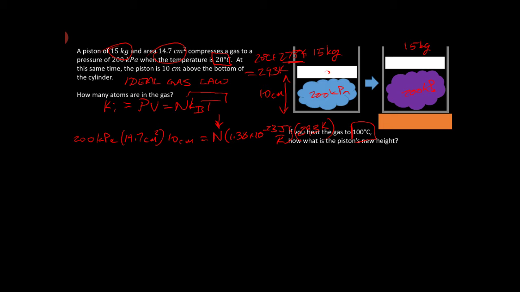All right, so here we have 2 times 10 to the 5th pascals, which are newtons per square meter. And then we have 14.7 times 10 to the minus 4 square meters.